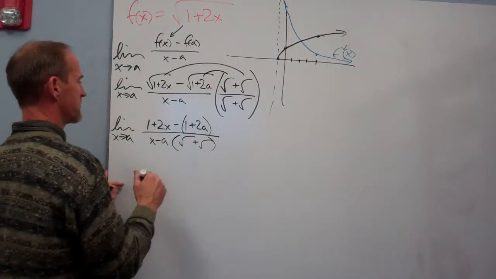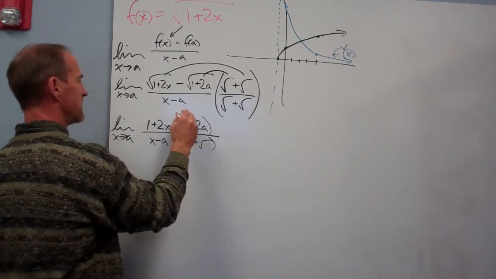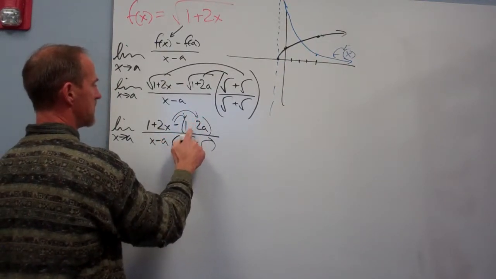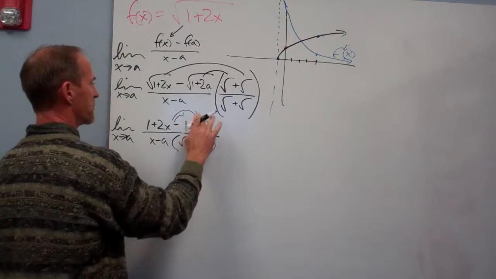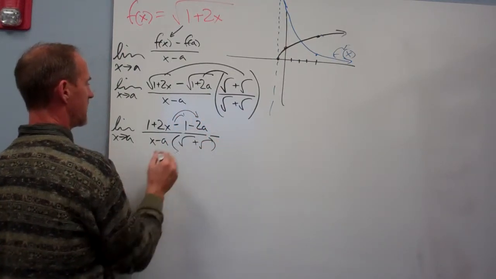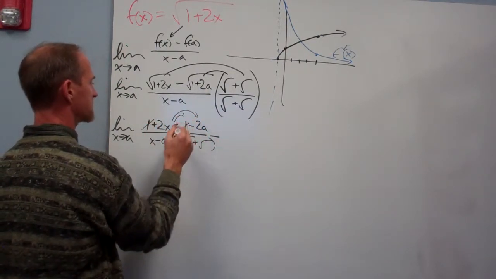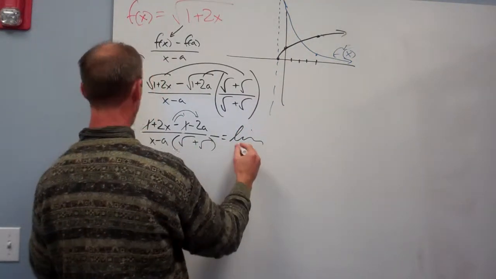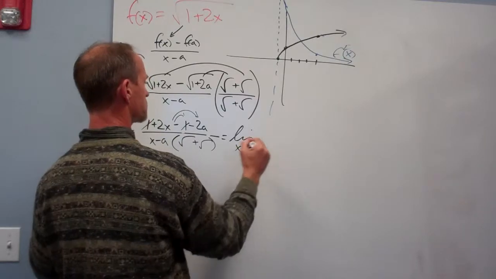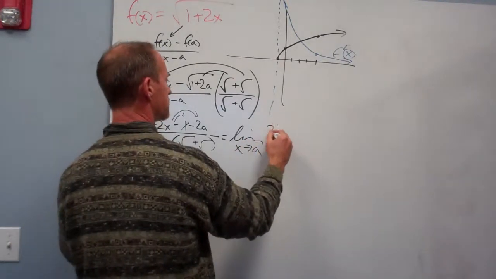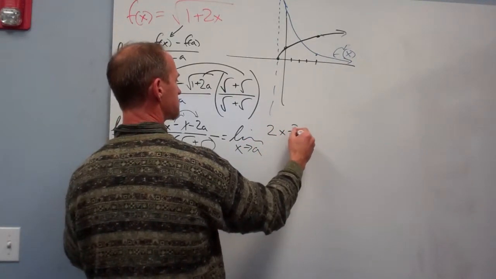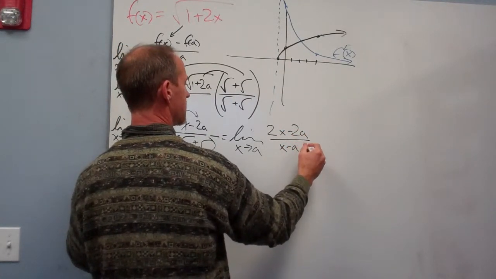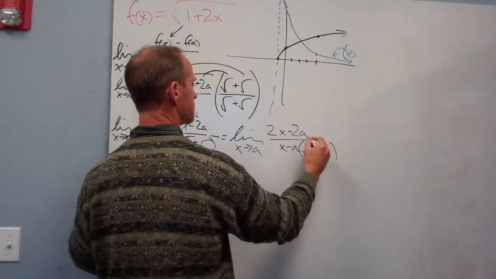I'm going to bring the minus sign in, and that becomes a minus, and the parentheses go away. I get 1's canceling, and I wind up with, I'm going to sneak it in over here because I'm running out of board space, 2x minus 2a all over x minus a times my 2 radicals.